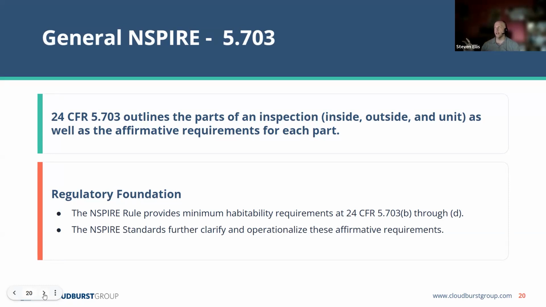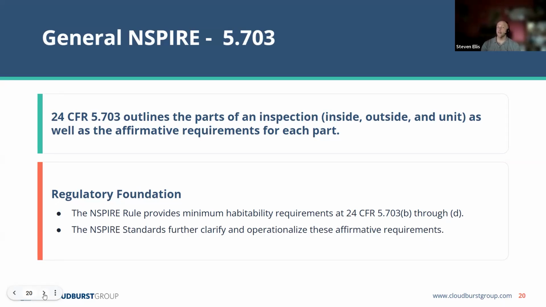NSPIRE shifts that to an inside, outside, and unit. So there's still going to be standards. Those standards will still have performance requirements. There's certain things you need to look at to make sure it meets those performance requirements, but the documentation of that, or how you might think about your inspections, will shift from room to room to inside, outside, and unit.